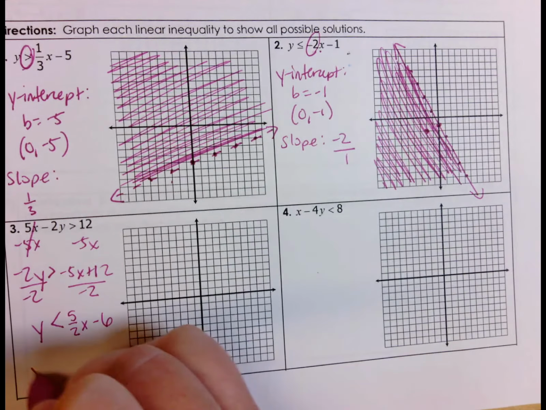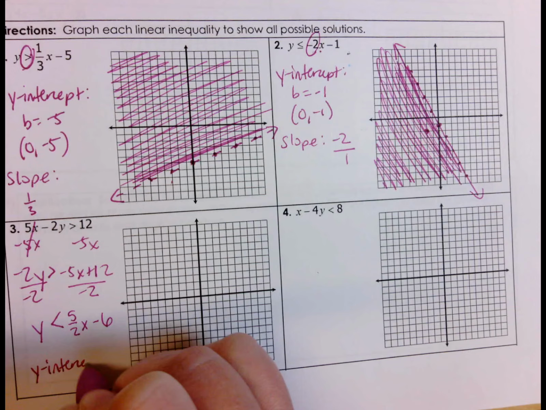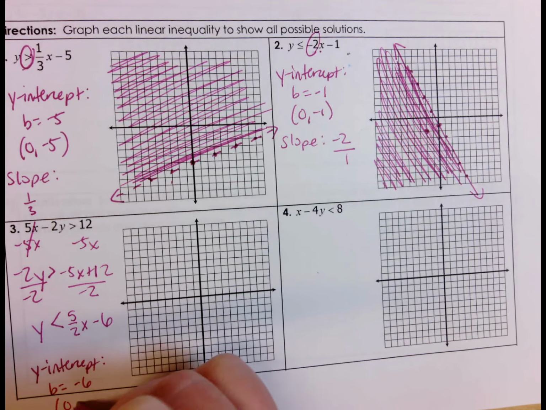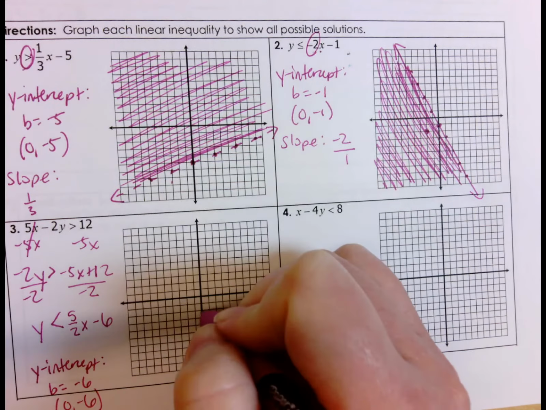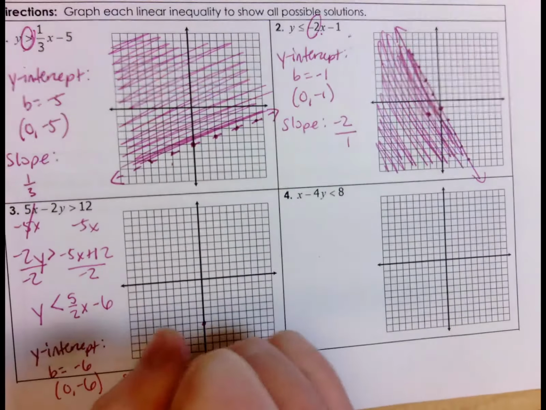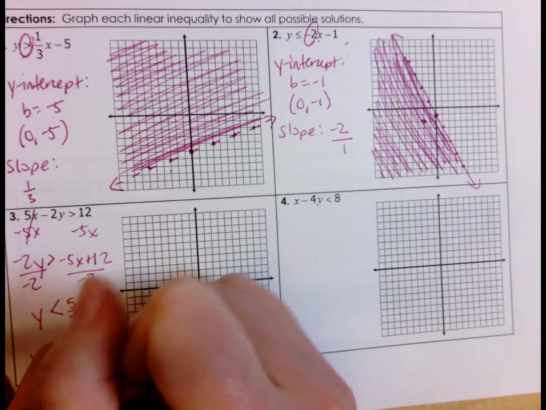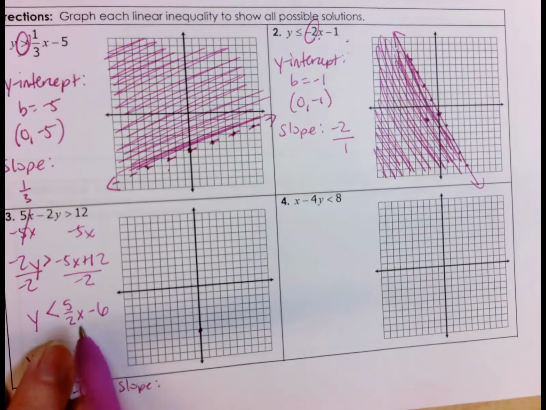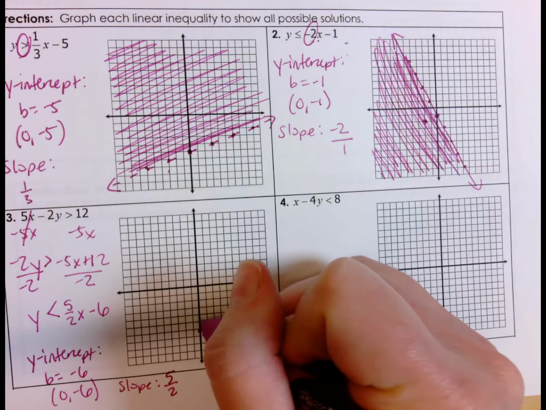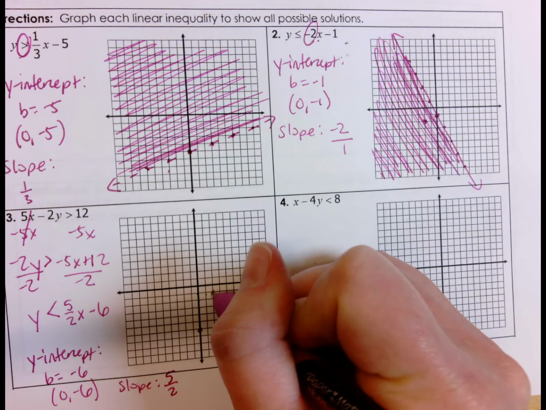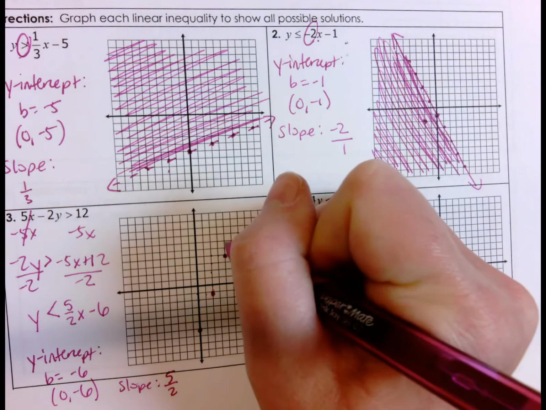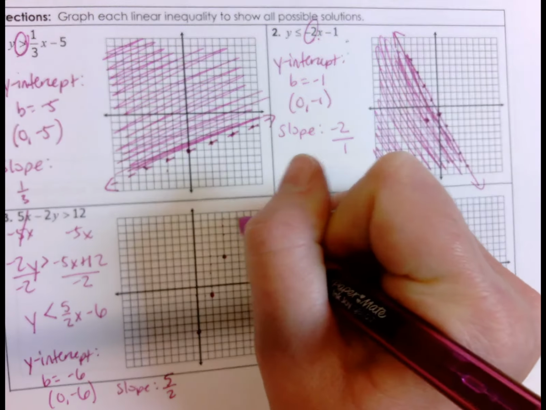Okay, so that means that my y-intercept is going to be -6. So (0, -6) is my starting point. And then my slope here is already written as a fraction. It's already here as 5/2. So that means I'm going to go up 5 over 2, and up 5 over 2 again.